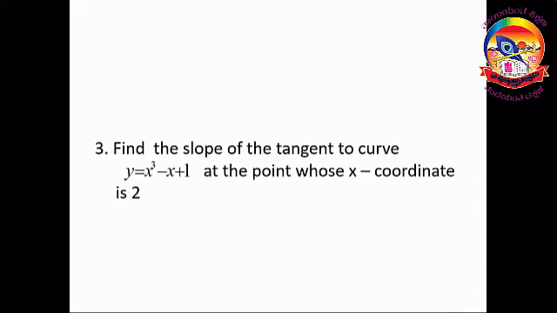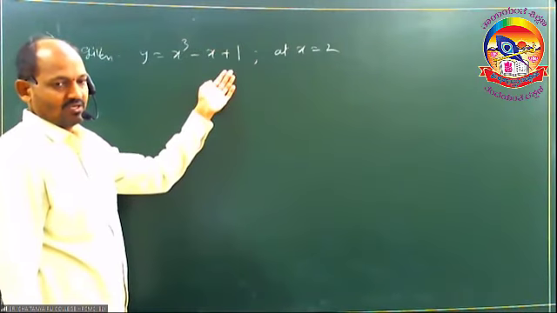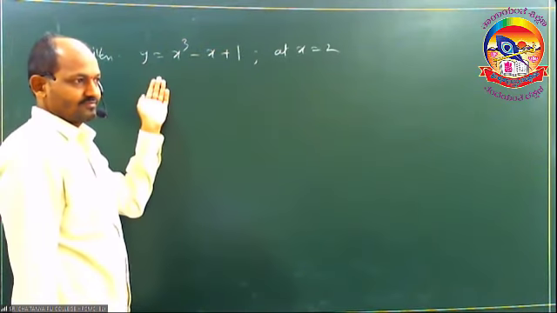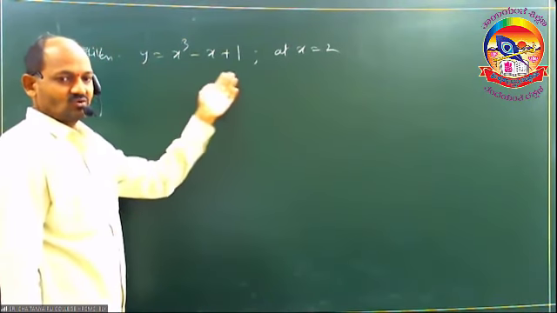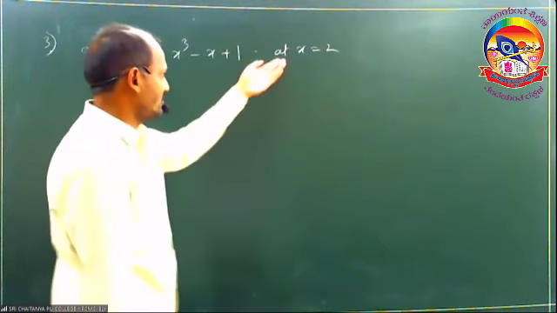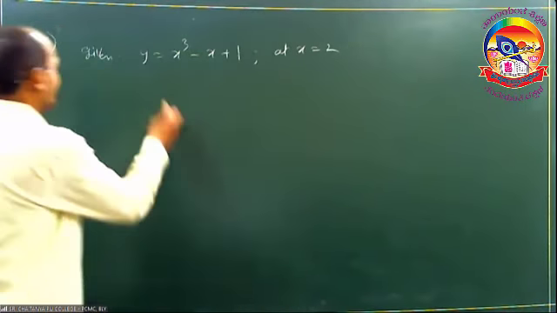Find the slope of tangent to the curve y is equal to x cube minus x plus 1 at the point whose x coordinate is 2. X coordinate is 2 means that x value is 2. So first, given curve y is equal to x cube minus x plus 1. Find the slope of tangent to this curve where x coordinate is 2. Find dy by dx.